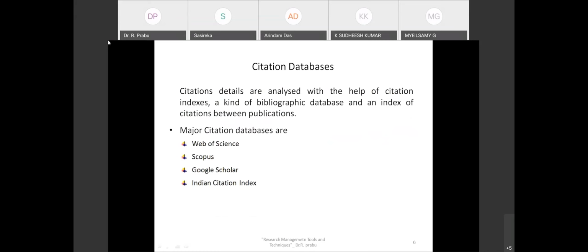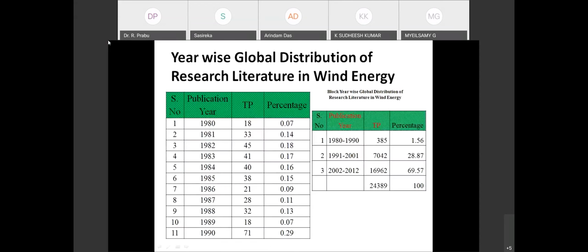Here I just wanted to give some highlights about the quantitative indicators, and I took the example of wind energy research productivity. I worked on that project ten years back. For your understanding only, I brought this slide here.